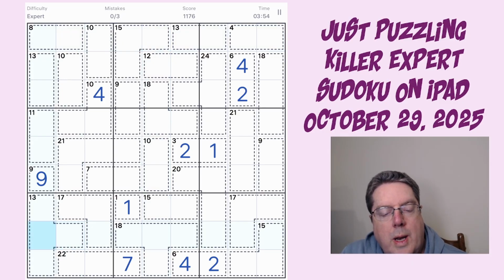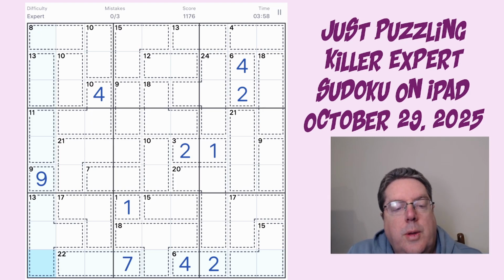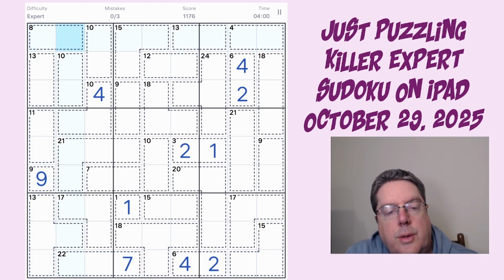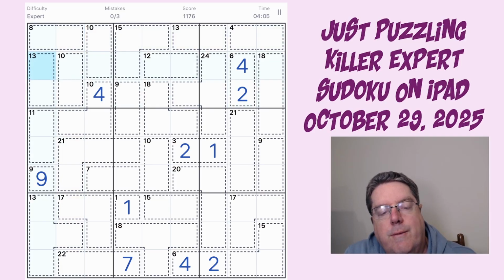So I know 1 is one of these. I know this is 2 and 6. Just don't know which order. But then what that means is this is 8 and 5. So 7 and 4. So 6 or 2.